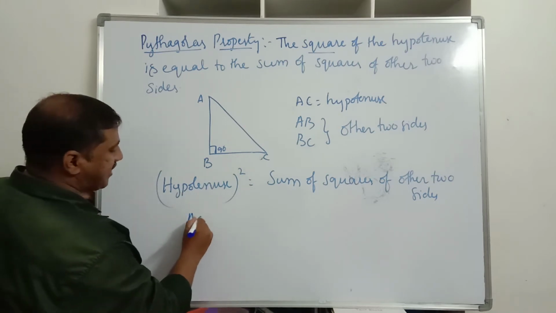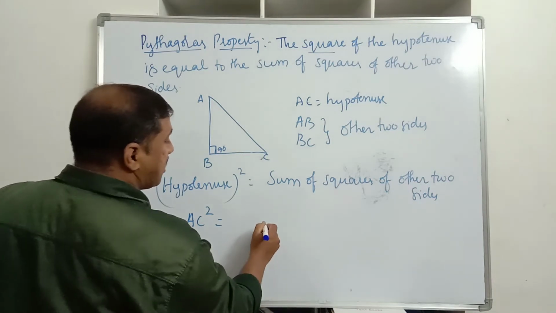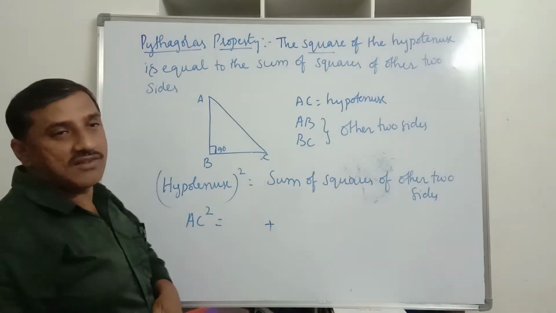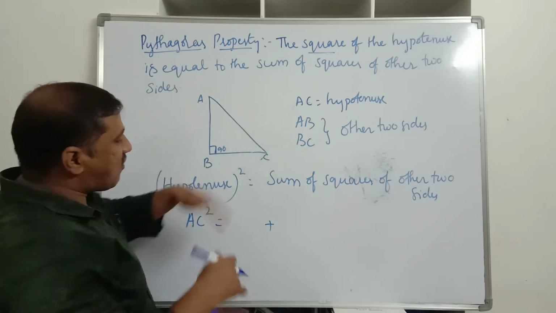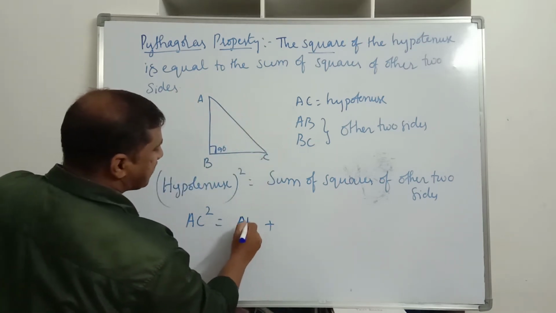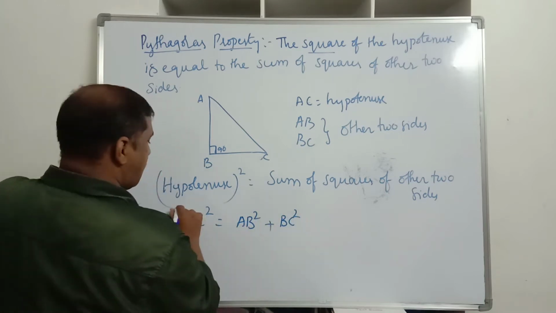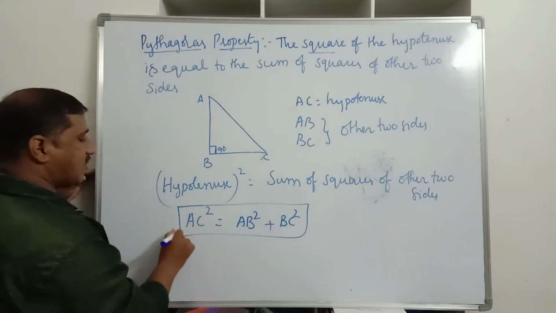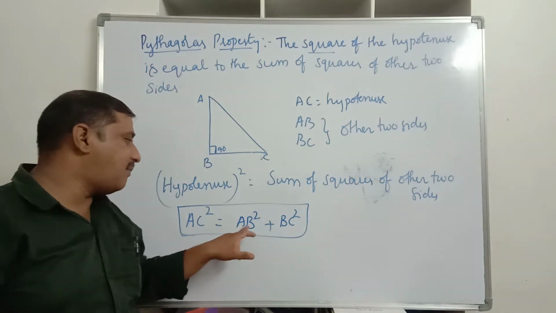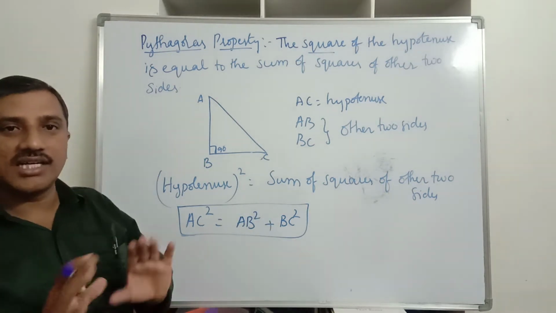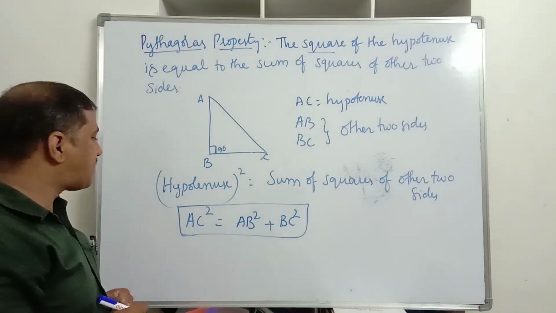Therefore, AC square is equal to the sum, means addition, of squares of the other two sides. What are the other two sides? AB and BC. Square of AB is AB square, and square of BC is BC square. That is, AC square is equal to AB square plus BC square, where AB and BC are the other two sides, that is the perpendicular sides of right triangle ABC.